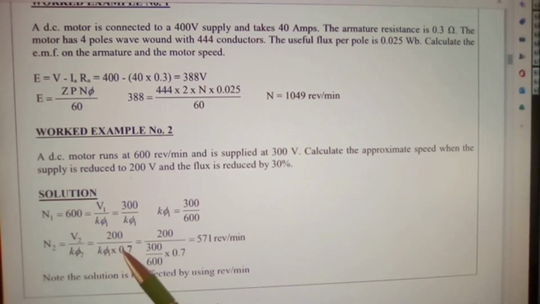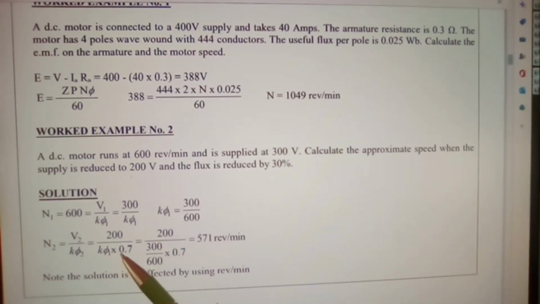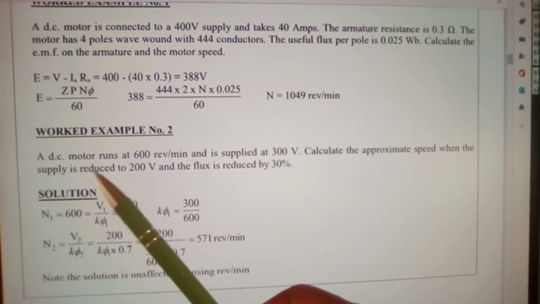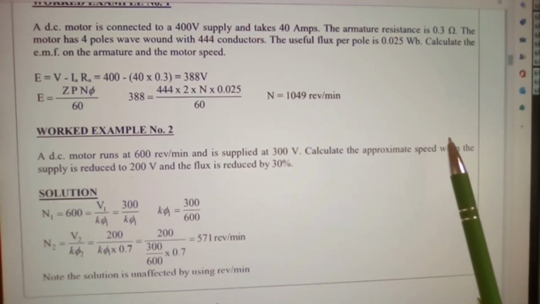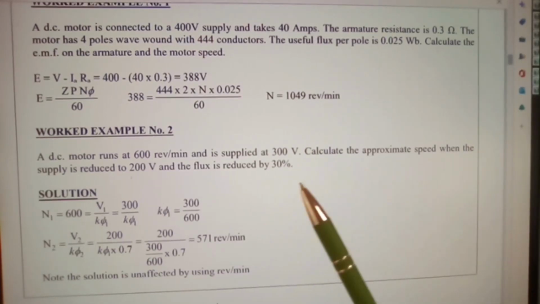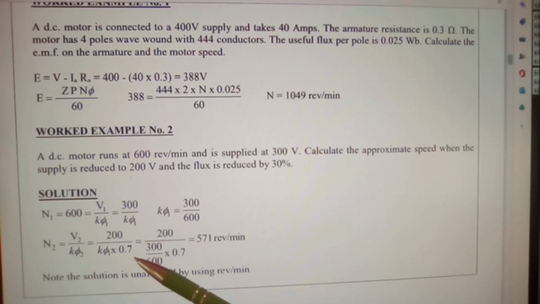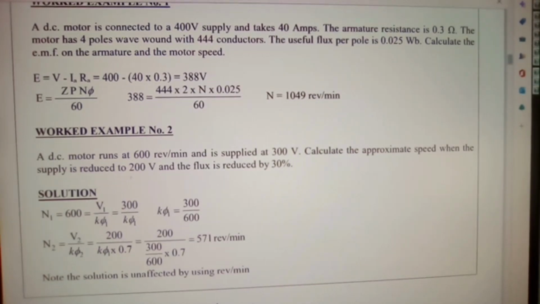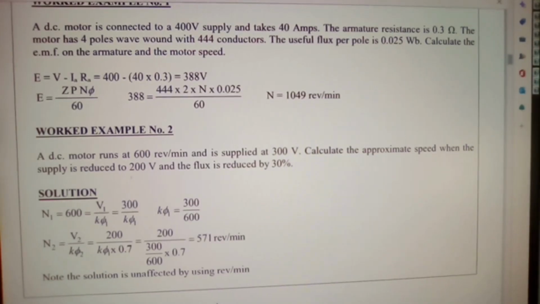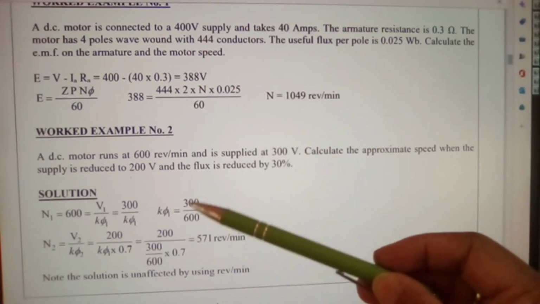Now I have a little question here. 0.7, where did the 0.7 come from? That's something that you will need to look into yourself and be sure that you understand the concept of it. We know K theta 1 is here.